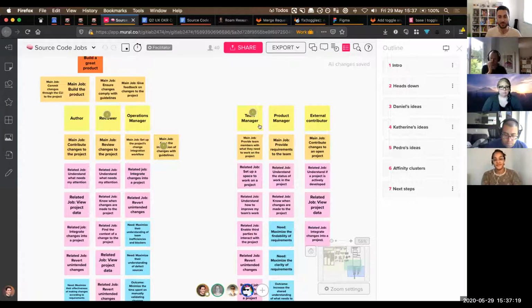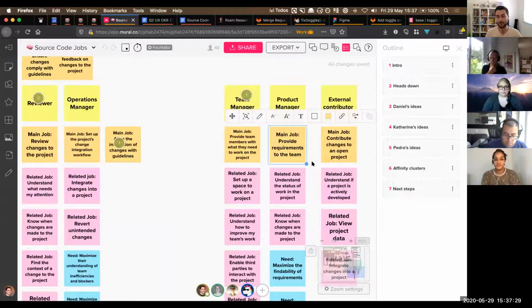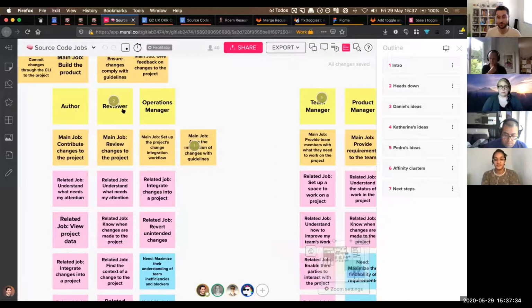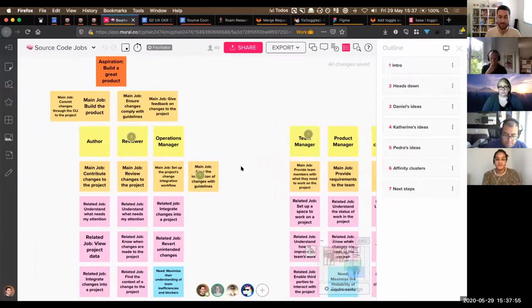But for example, a team manager or a product manager, like the product manager providing requirements to the team, if they're not able to perform this job well, the author, and also the reviewer, but mostly the author, won't know if they're doing the right thing, right? And then the reviewer won't have the necessary context to know if they're reviewing the right thing, basically. And so these are all related, but I don't think they're the main, like the juice, the core of what we do in source code.